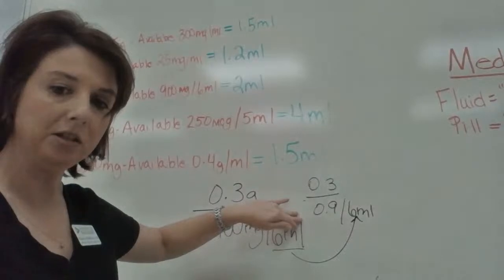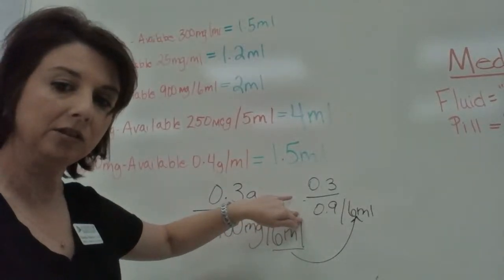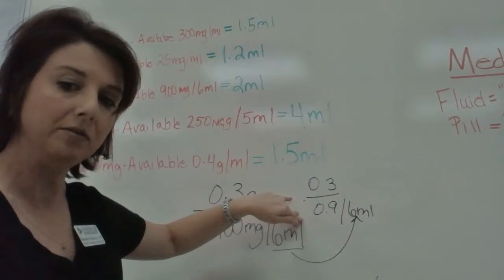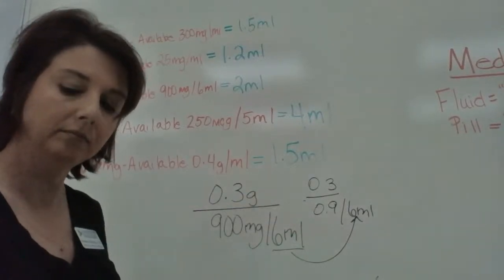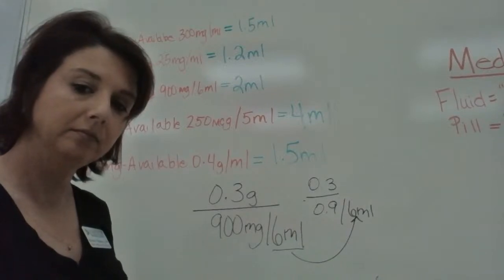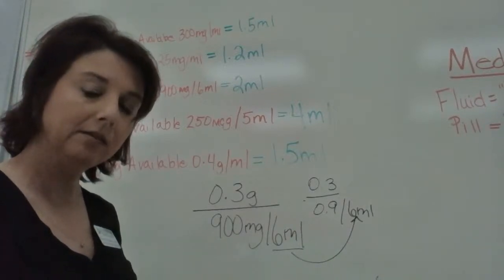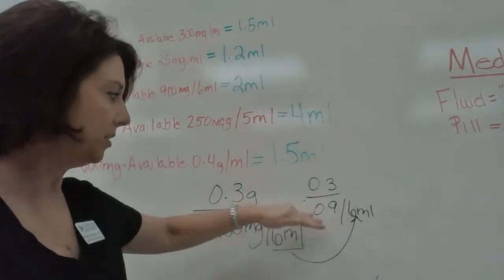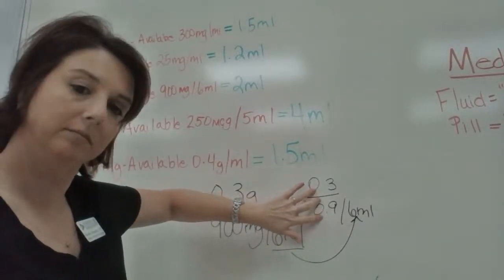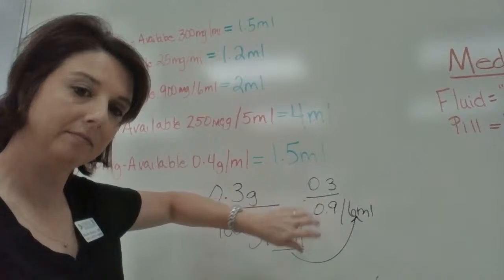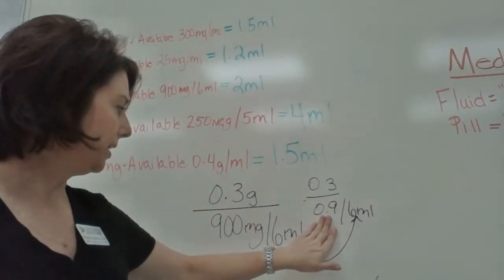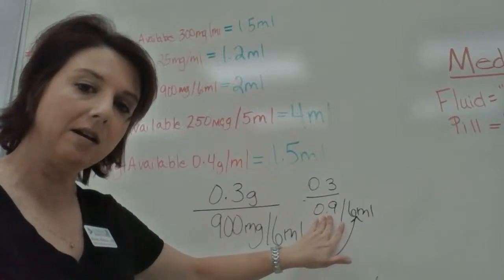So then what do we need to do? Change the 0.3 to milligrams first. Okay, how do we do that? Grams. So what do we need to do to cancel this out before we multiply? We have 0.3 and 0.9. We have 0.9 if we divide 900 by 1,000.